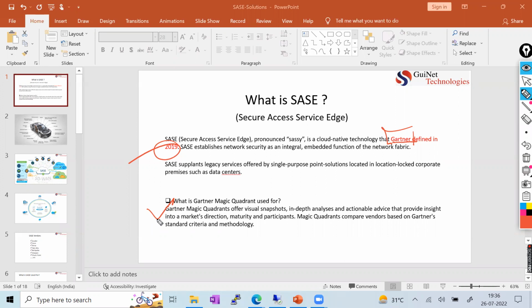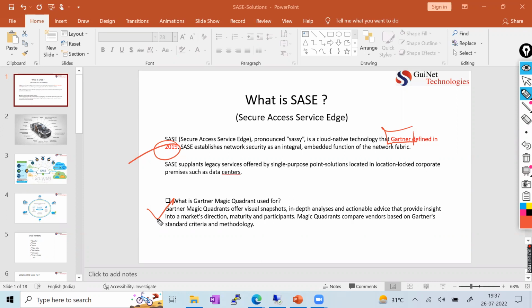Once they come up with ideas, different vendors adopt them, because Gartner keeps doing market research and provides data. Based on that data, the different vendors and players who drive the technology take reference from Gartner and try to develop solutions to fulfill the market requirement.